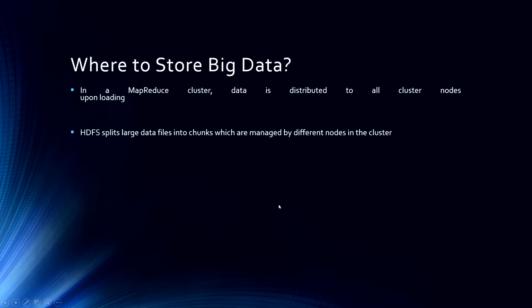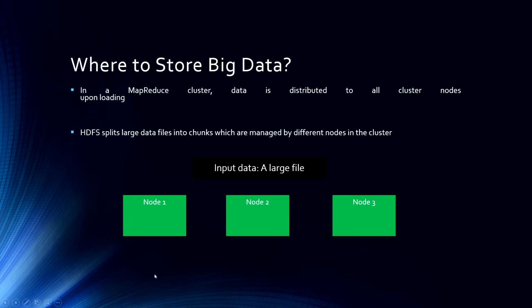Hadoop splits large data files into chunks which are managed by different nodes in the cluster. There are different nodes in our Hadoop distributed file system on which we are storing our data. It's divided into small chunks stored on different nodes in the cluster. So this is our node 1, node 2 and node 3.